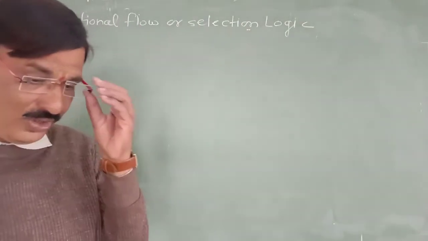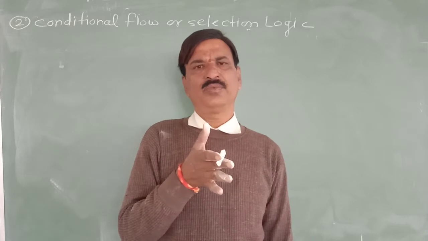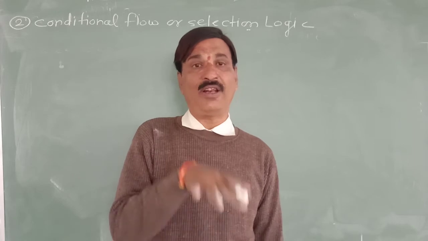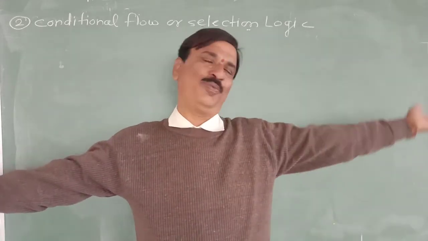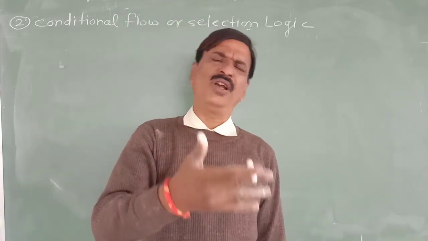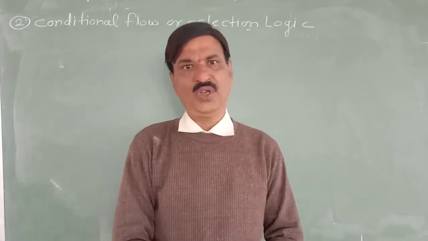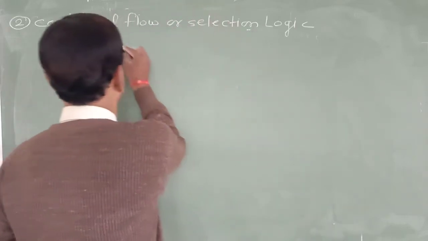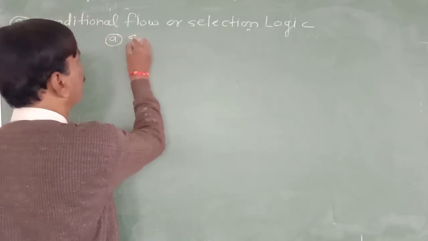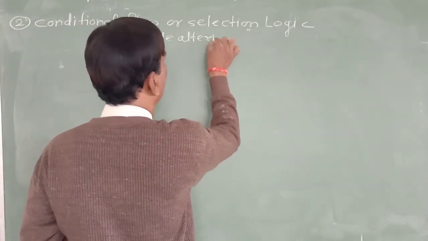As we have seen in the example, read the number, divide by 2, check the remainder, if remainder is 0, then go to this flow or this flow. But it may be possible that there is one condition, and if the condition is true, then something happens, and otherwise it continues as common. That's why there are 3 types. A. Single alternative.